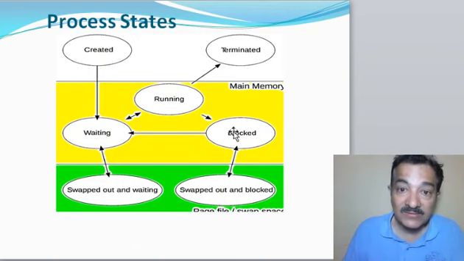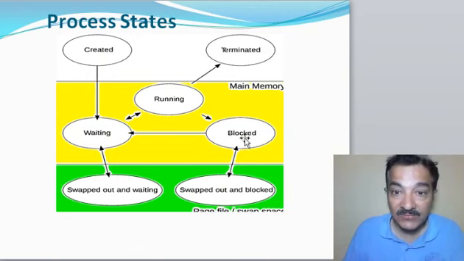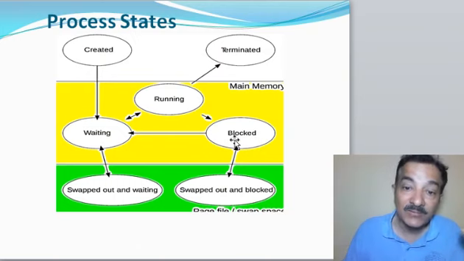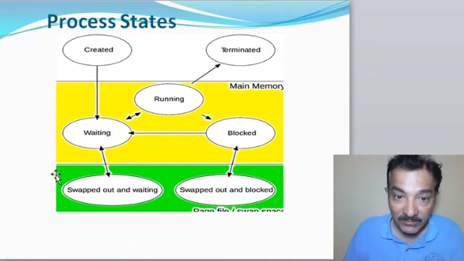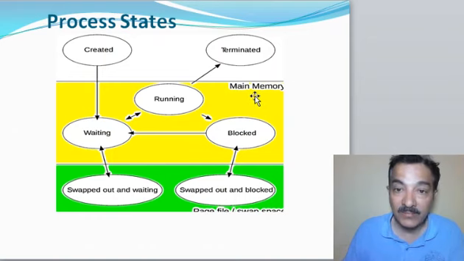Whenever it is in the blocked state, if there are many processes to be run, it could be moved, as it is not currently being used, to the hard disk. This green portion is basically the virtual memory, or the hard disk memory, and this yellow portion is the main memory.